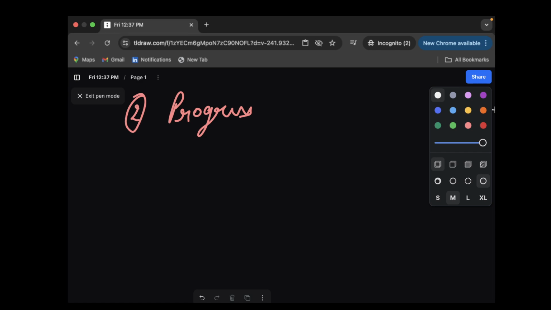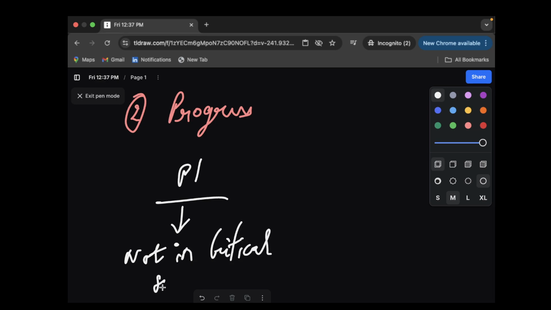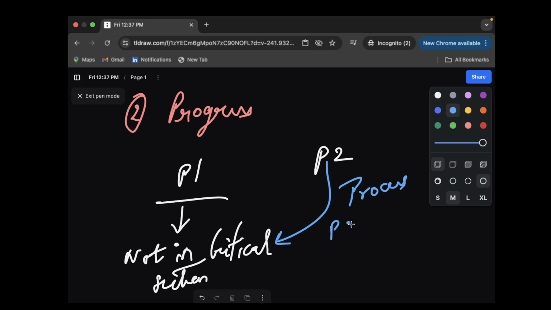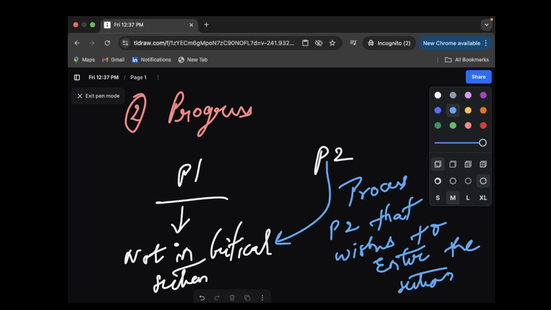For example, I have a process P1 that is currently not in the critical section, and a process P2 that wants to enter the critical section. Now, only those processes that are not executing in their remainder sections can participate in deciding which one is going to wait.